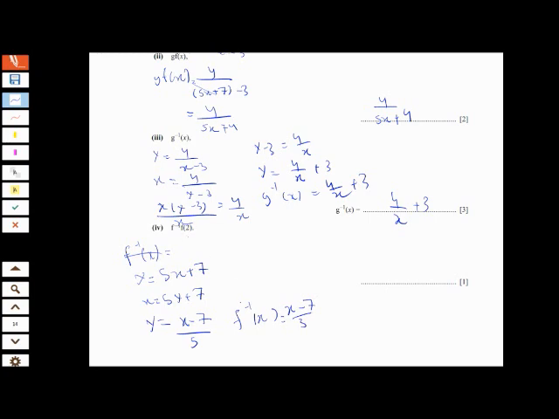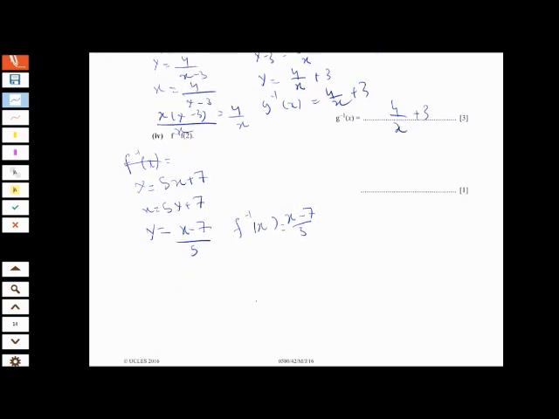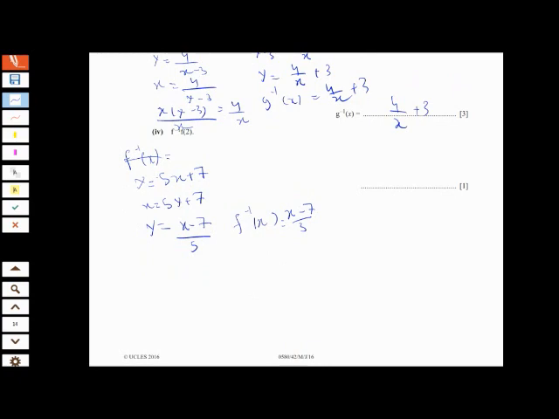And now you put 5 in f negative x inverse, which is f inverse of 2. Let's find f2. F2 is basically, what is f? It's 5x plus 7, which is 5 times 2 plus 7, which is 17.